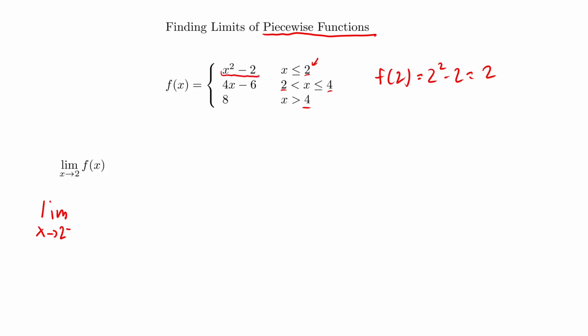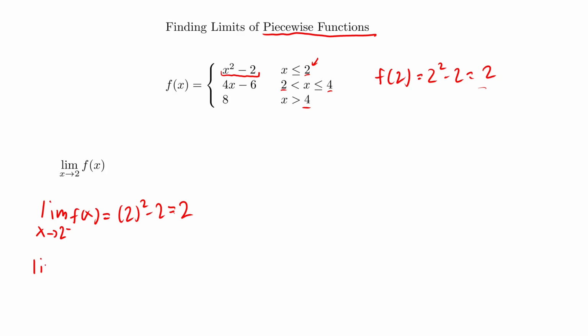So I can just substitute into the top piece here. So this is simply going to be plugging in 2 into the top piece. So that's going to be 2 squared minus 2, or 4 minus 2. We just did that over there. It's the same as the value of the function.